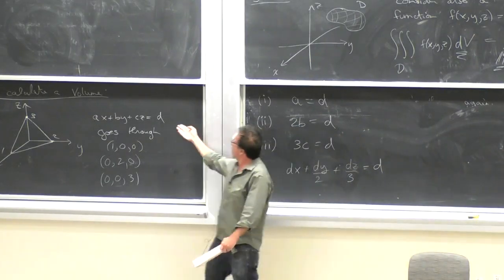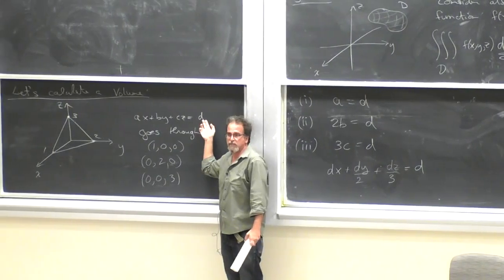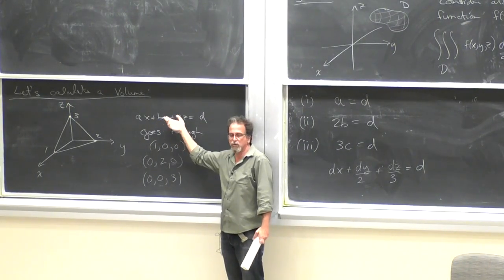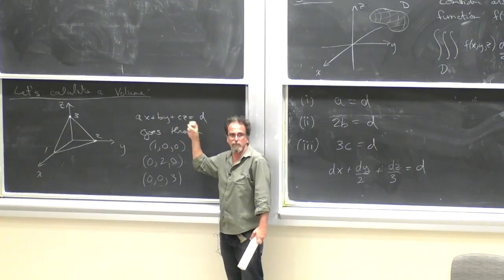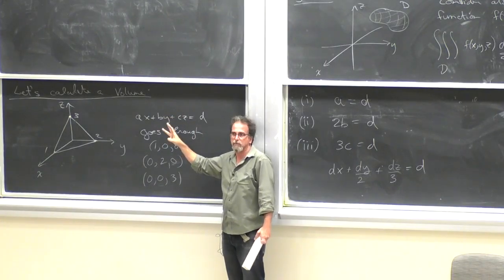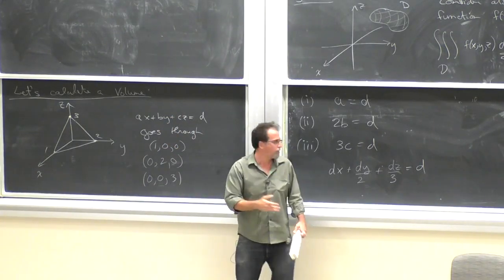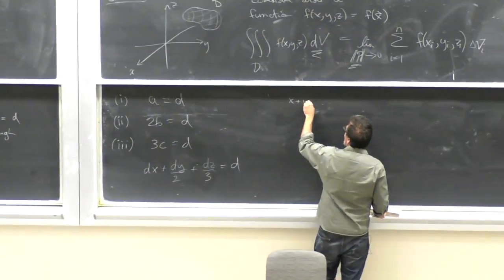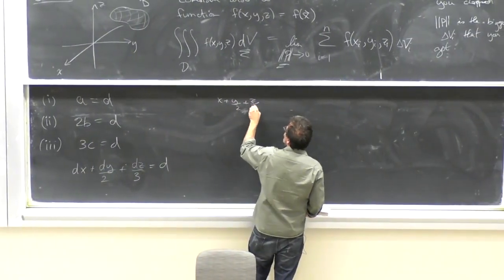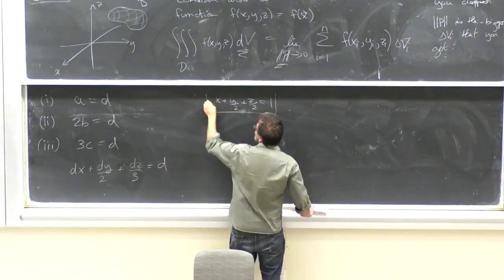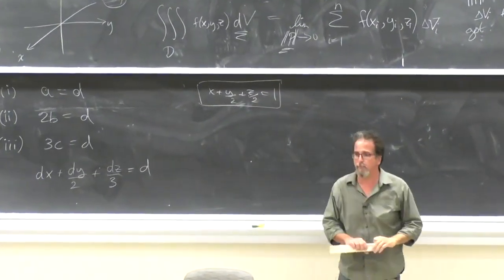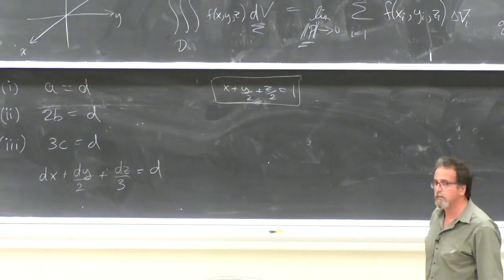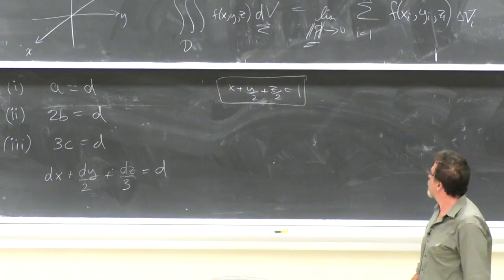If D is non-zero, you can always divide by D, and you don't actually have 4 independent parameters, you have 3 independent parameters, because D can always scale out of the problem. So the equation for this plane is x plus y over 2 plus z over 3 is equal to 1. So that's the equation for the upper plane. Does that make sense? Yes.